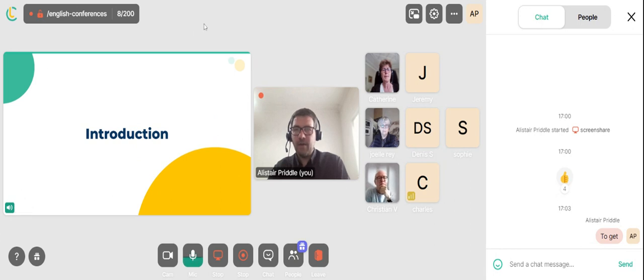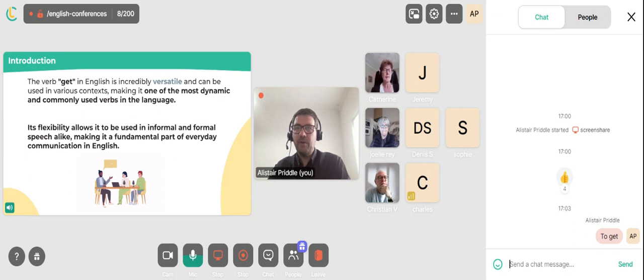So let's check our introduction. The verb get in English is incredibly versatile and can be used in various contexts, making it one of the most dynamic and commonly used verbs in the language.